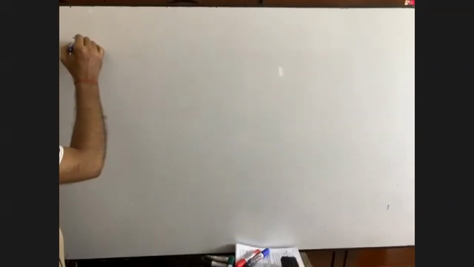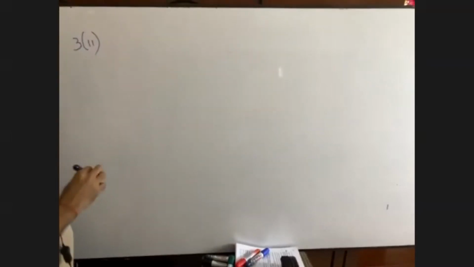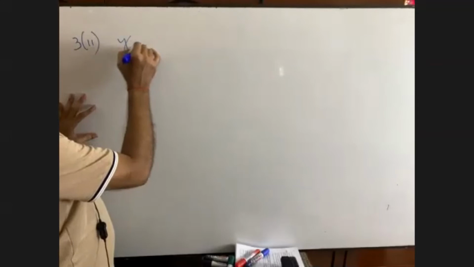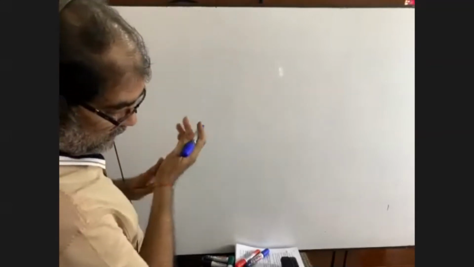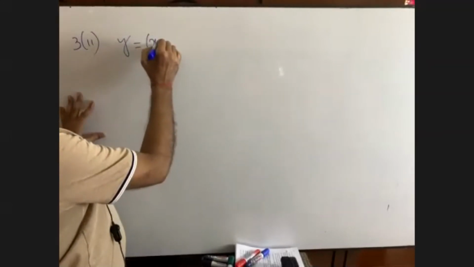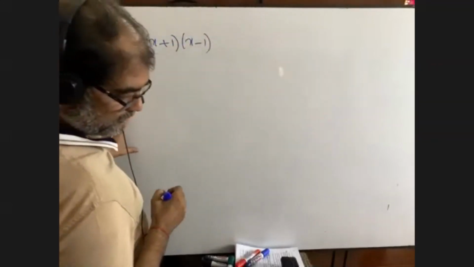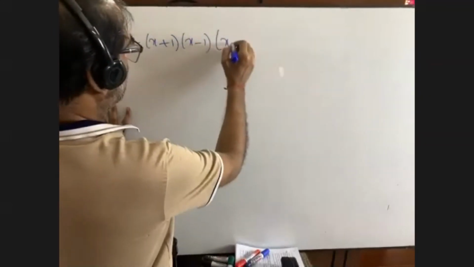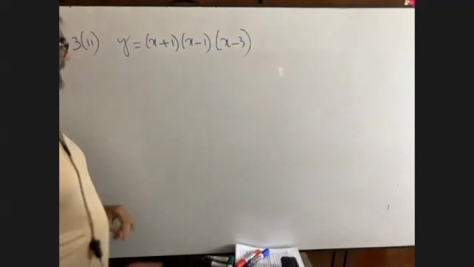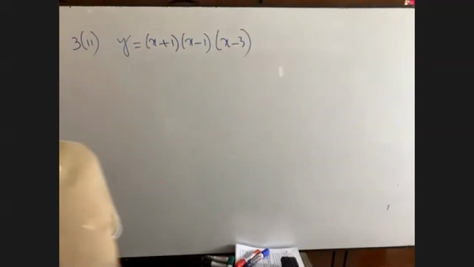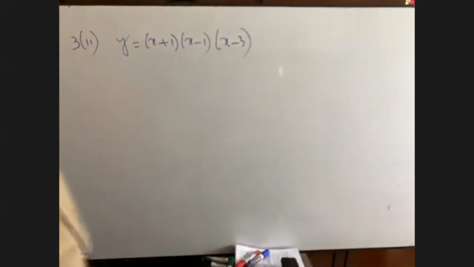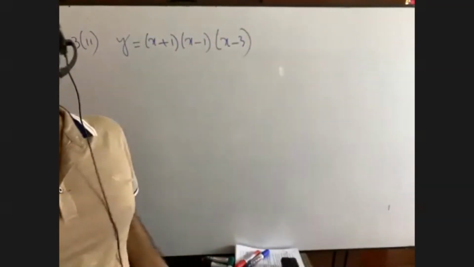Question number 3-2. Given y is equal to (x plus 1)(x minus 1)(x minus 3). What I told you at first, in this exercise all the maths are of tangent and normal.